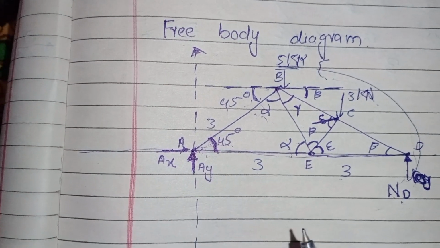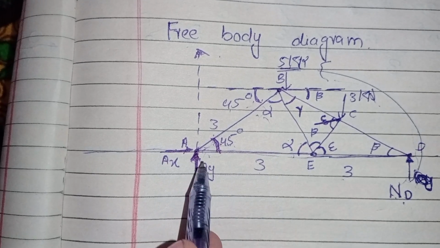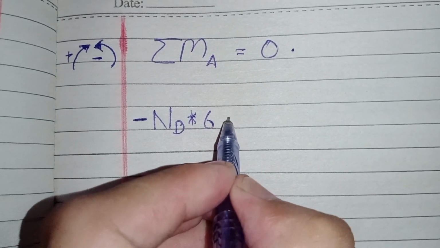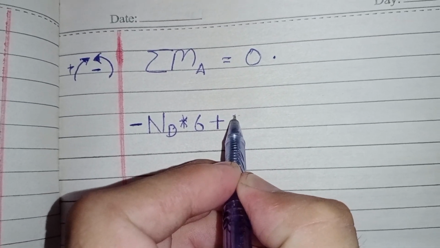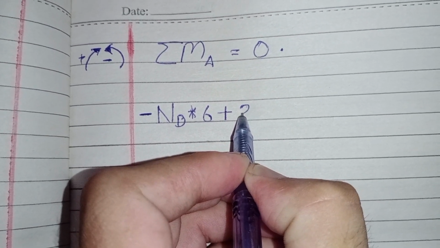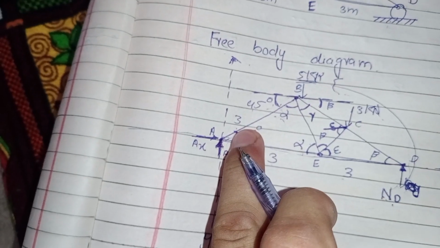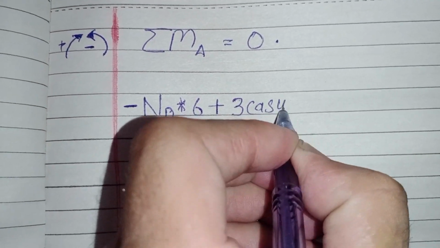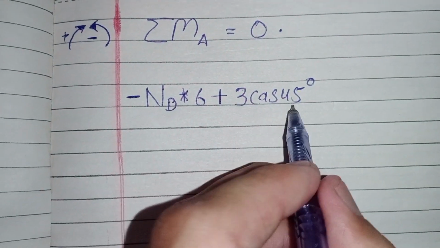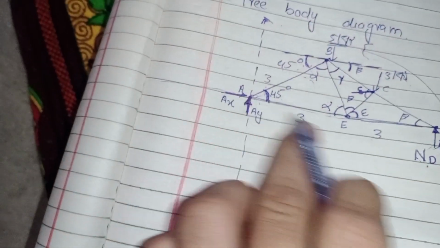So cos 45, because it is with the x-axis, so I will plus 5 into 3, this distance is 3, cos 45. We will take its horizontal component.